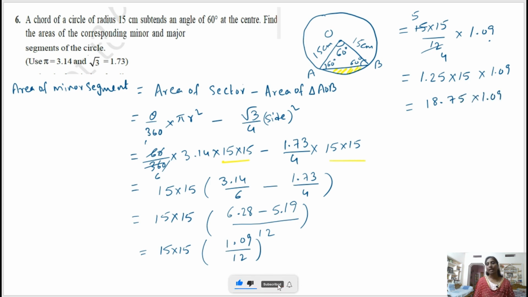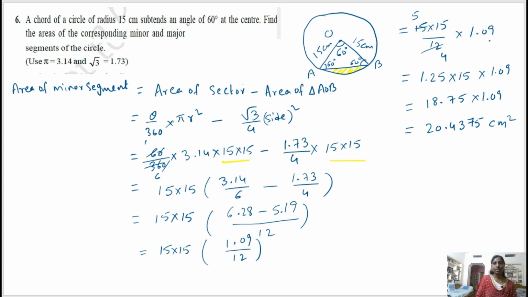And if we multiply 18.75 into 1.09, we will get 20.4375. Since it is area, the unit is centimeter square. Now this is the area of the minor segment.